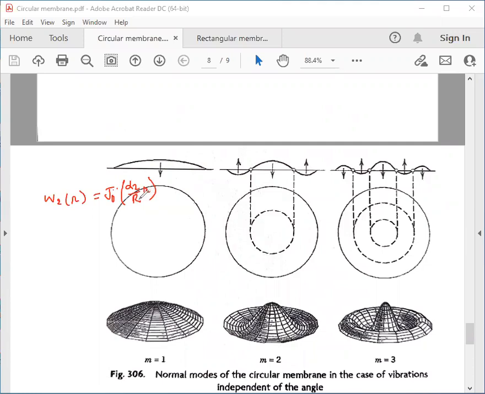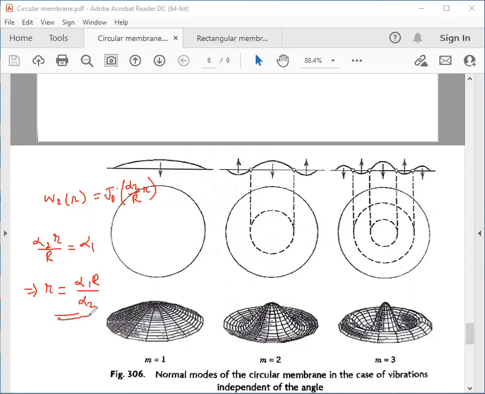This function is 0 for alpha 2 r by capital R equal to alpha 1. This gives us r equal to alpha 1 R by alpha 2. The circle with this radius is therefore the nodal line.